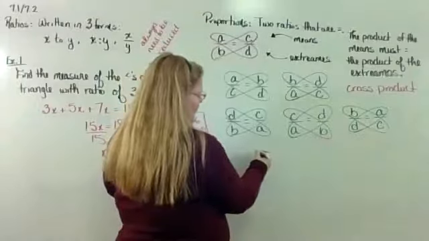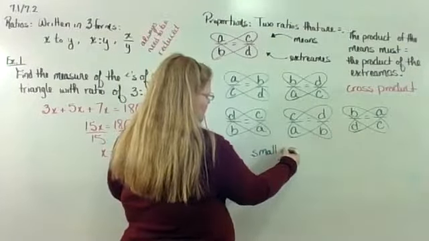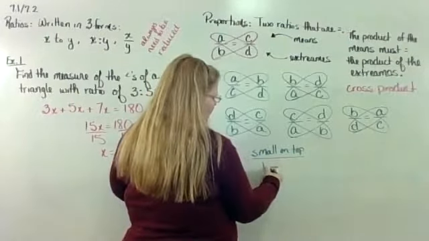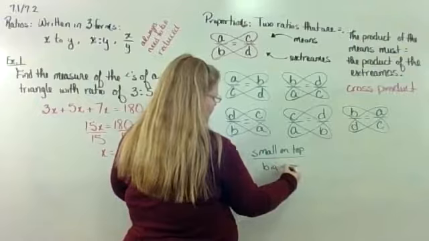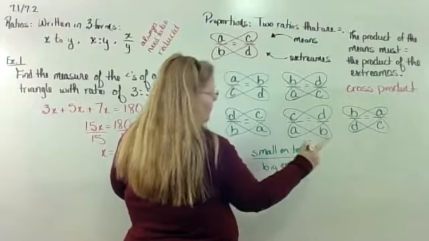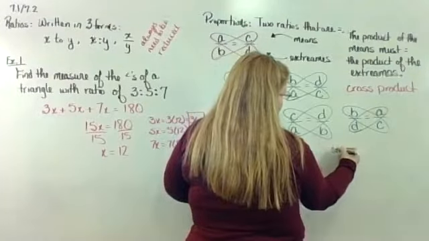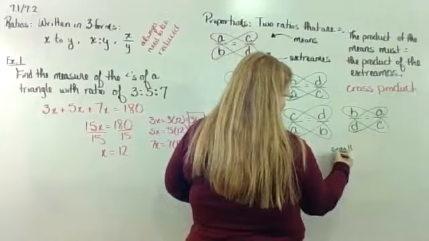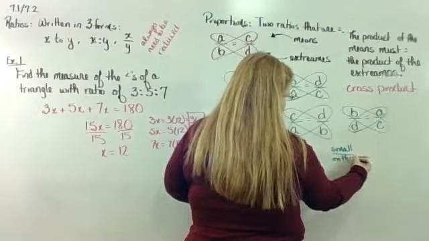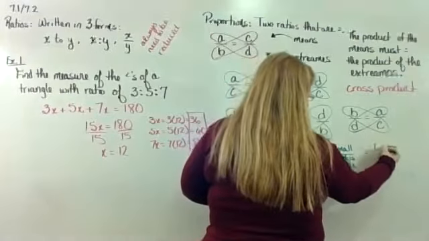You can either have the small on top and big on bottom, or you can split them up in fractions and say small on this side and large on this side.